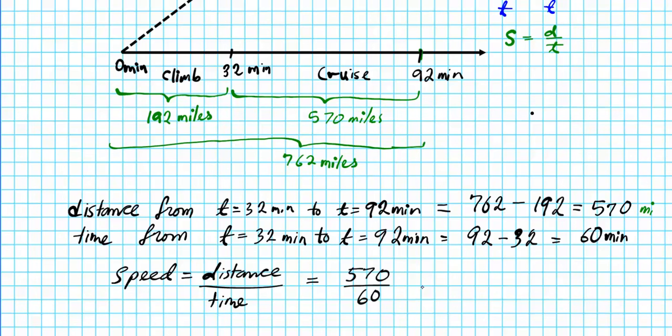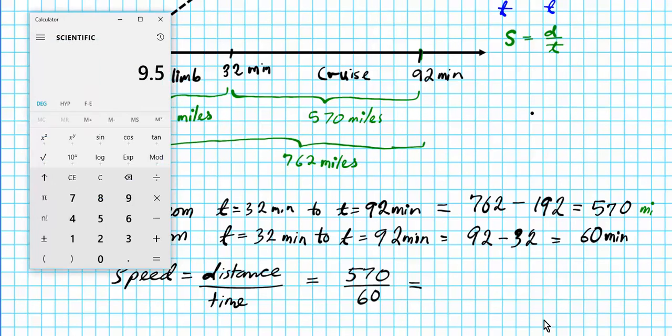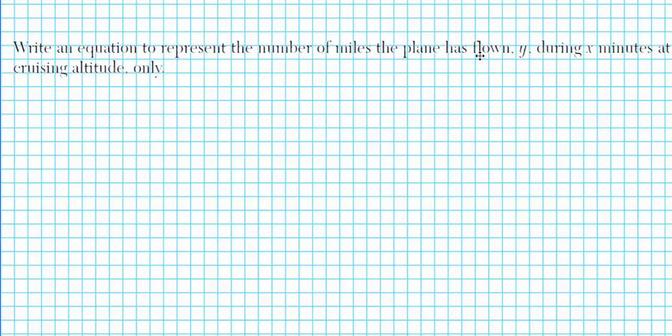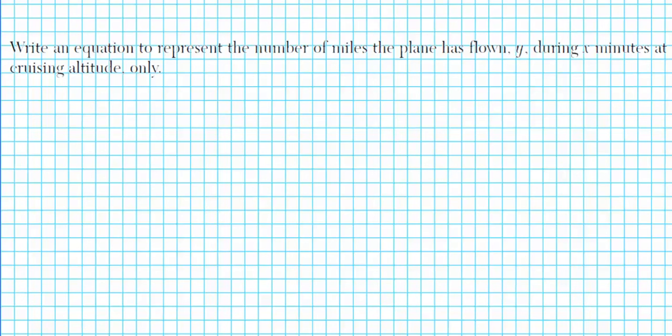Remember, our units are miles per minute. You just divide with your calculator, and you get 9.5 miles per minute. This is the cruising speed of the aircraft, 9.5 miles per minute.